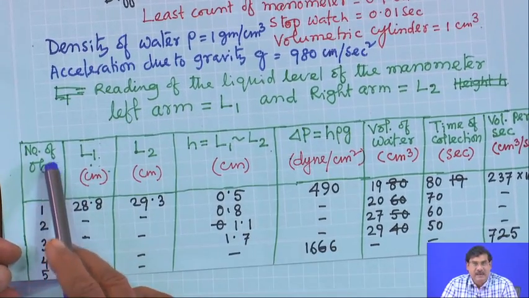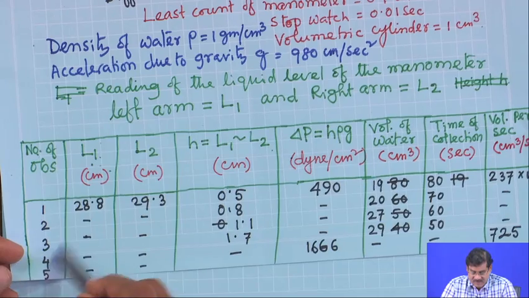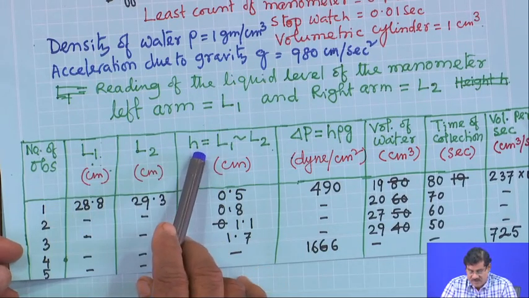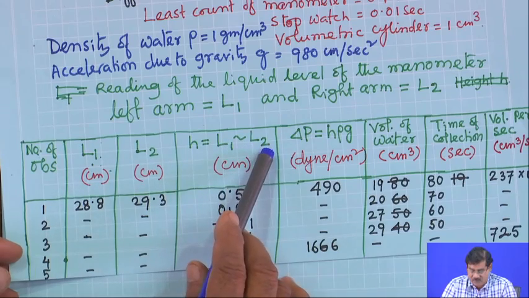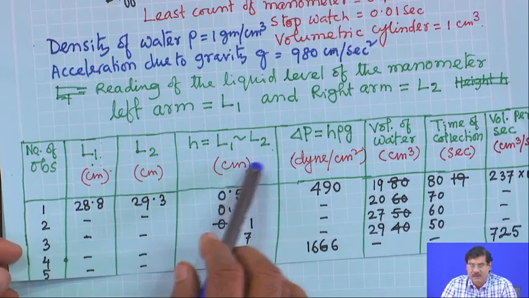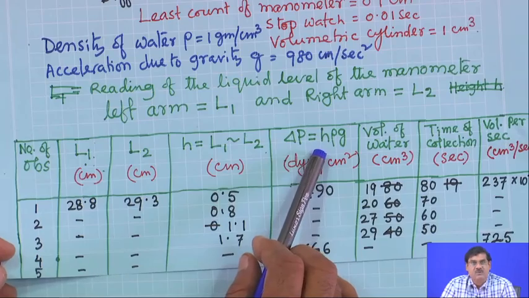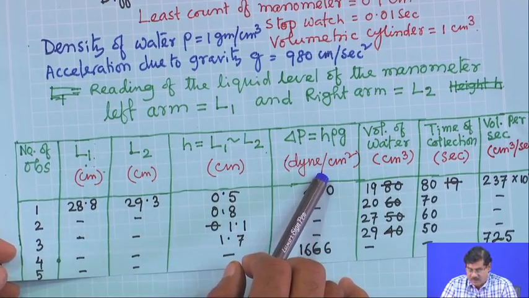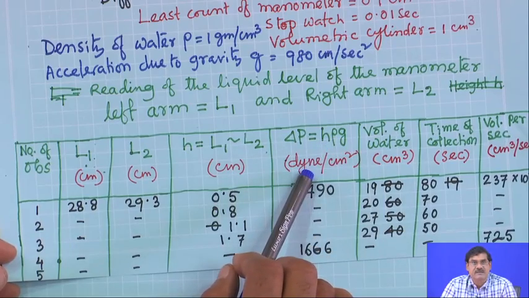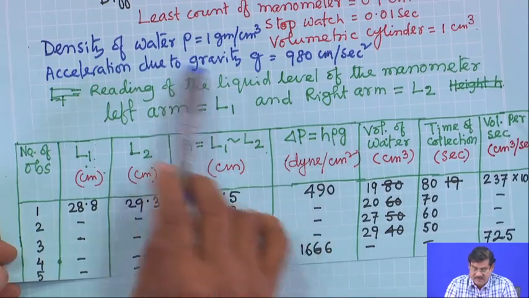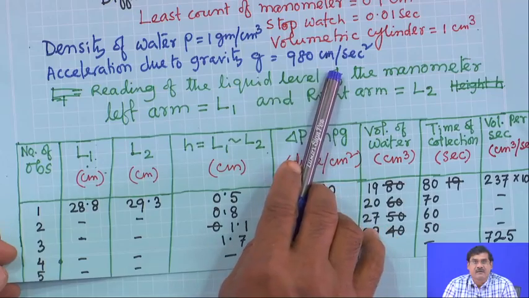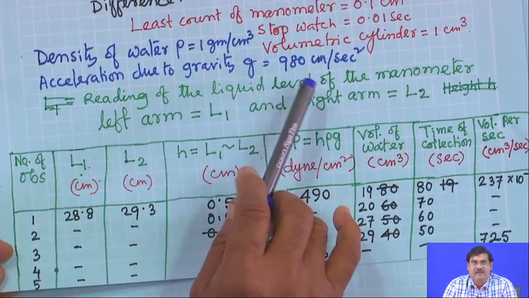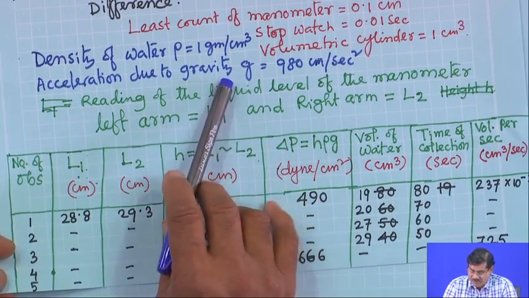Again, the first column is the number of observations, then L 1, L 2, then H, which will be L 1 minus L 2, the difference between L 1 and L 2, then the corresponding pressure difference, H rho g. That is why I need this rho g, and this constant is already written on top of the table, so all data is available.